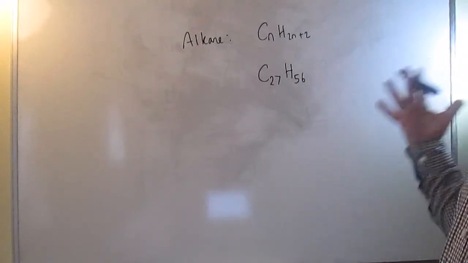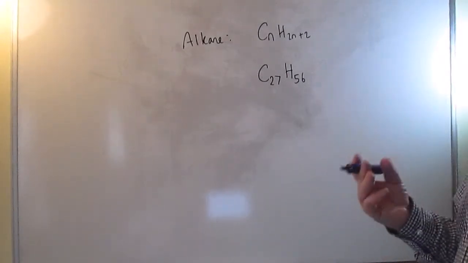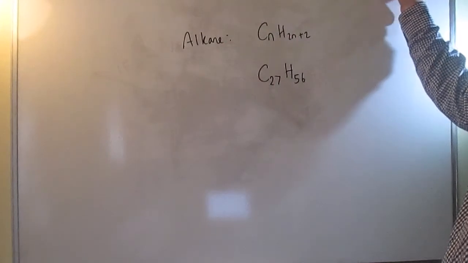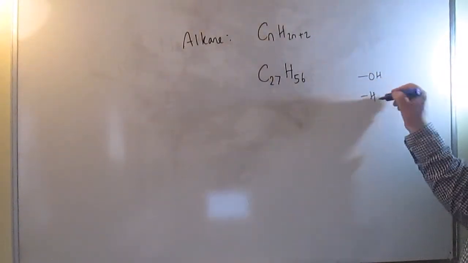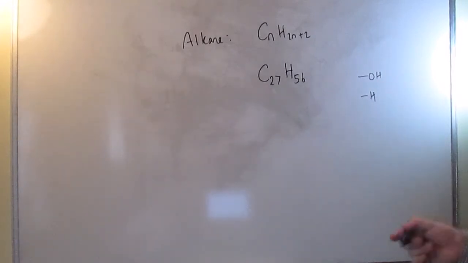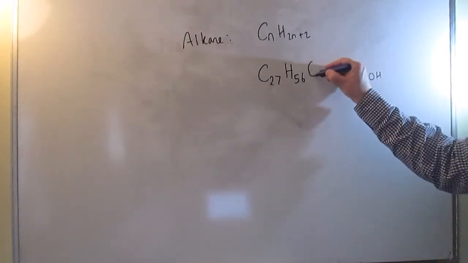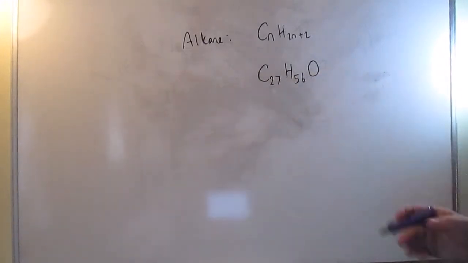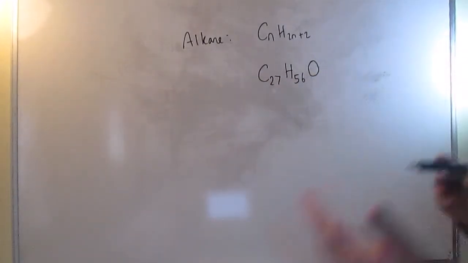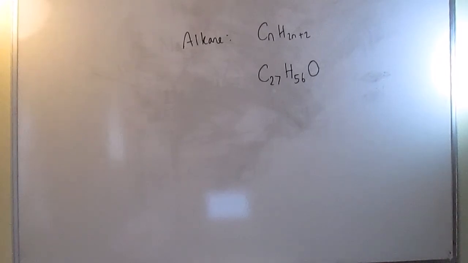But it tells us, first of all, that it's got one alcohol group, an OH group. So if you compare OH with H, you can see the only difference is that it's got an extra oxygen. So that's the first correction we can make, that it's got an extra oxygen, but that doesn't cost us any hydrogens because you've just inserted the extra oxygen between the C and the H.